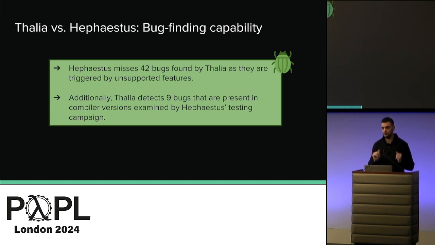The feature is already there in the given API, and in this way, we can achieve rich feature coverage. And through our analysis, we have found that 22 bugs found by Thalia could not be triggered by Hephaestus programs because of unsupported features.